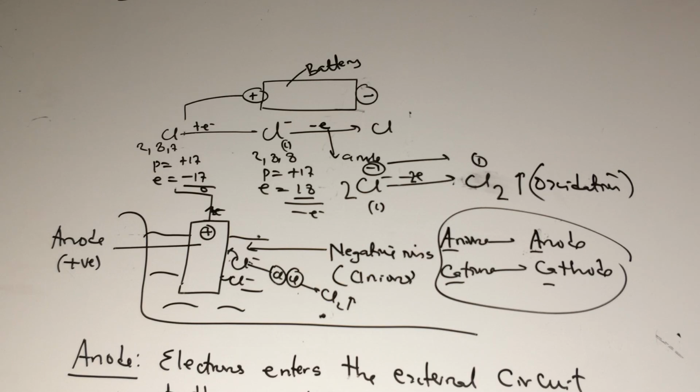It's no longer attracted to any other ion. So that is what we call electrolysis. Electrolysis is using electric current or a DC power supply to break up an electrolyte in aqueous form or in molten form into their respective elements.